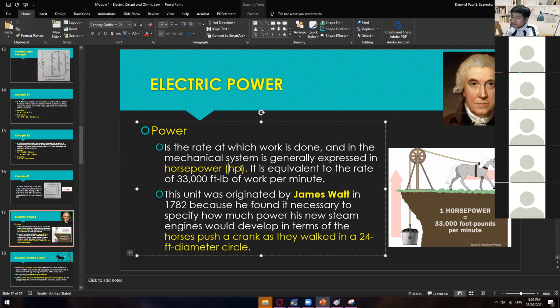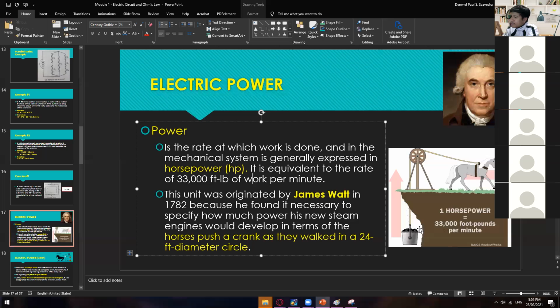As you guys may all know, horsepower is equivalent to a rate of 33,000 foot-pounds of work per minute. So where did this foot-pounds come from? It actually came from a real horse, and as you guys can see, 1 horsepower is equivalent to 33,000 foot-pounds per minute.